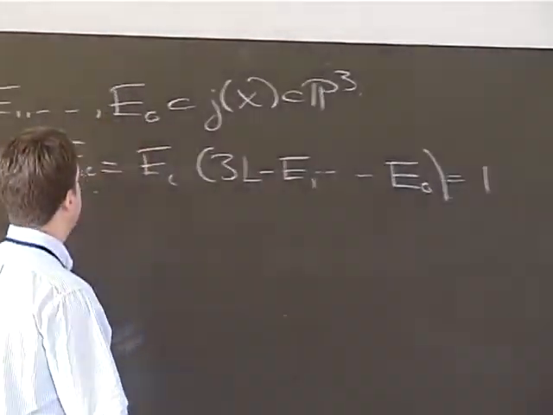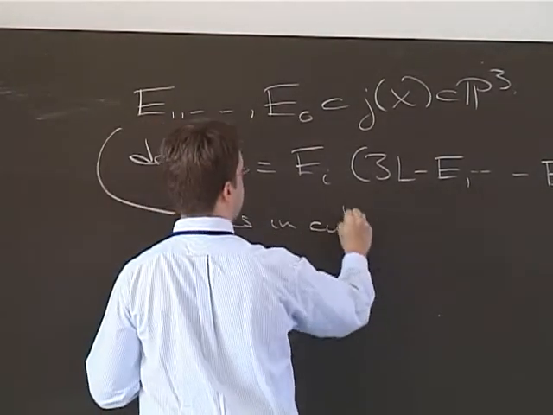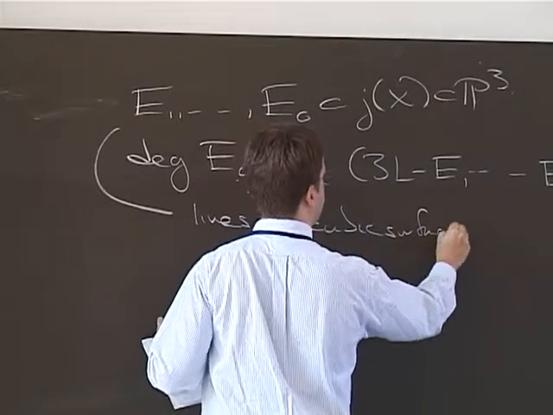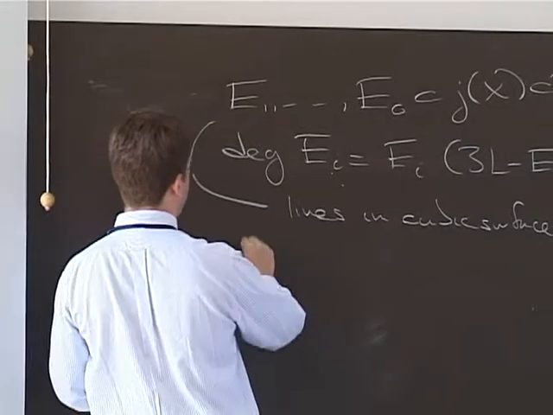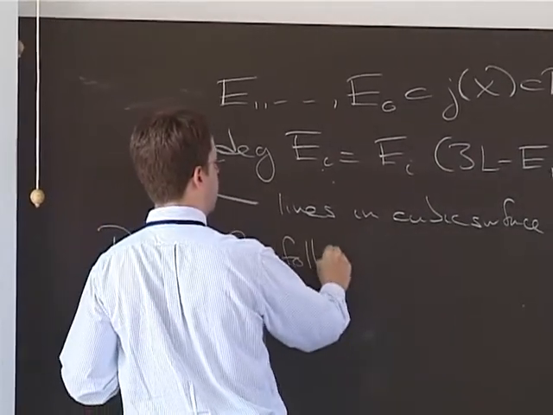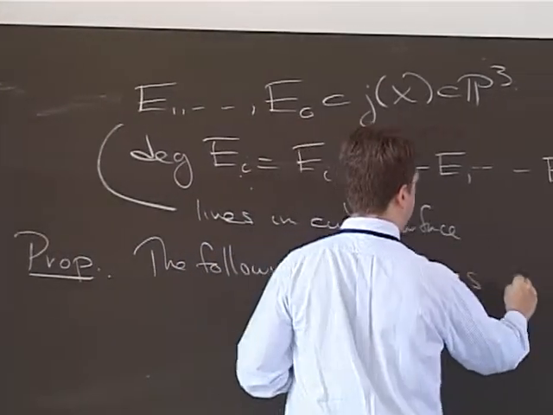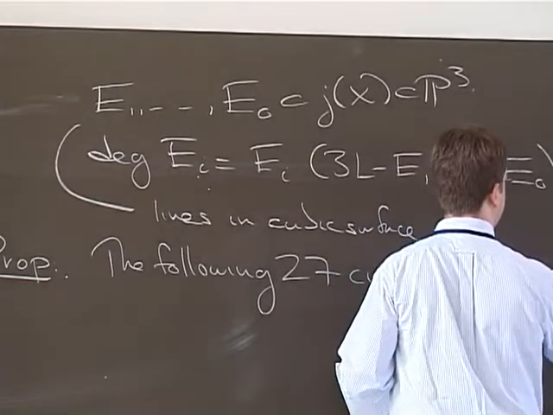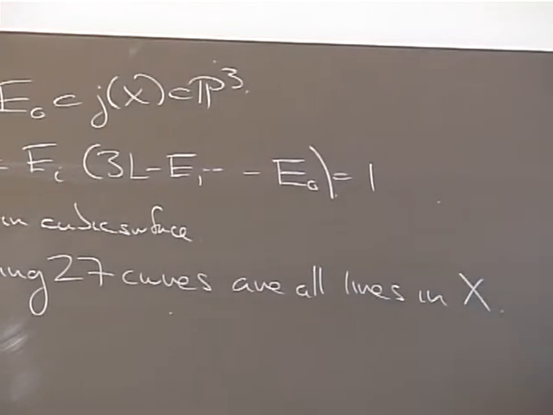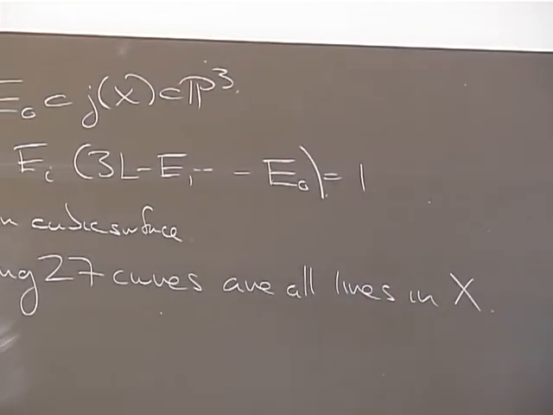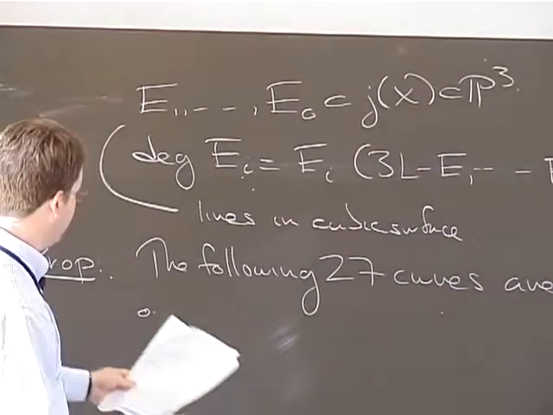So this is equal to 1. In other words, these are lines in the cubic surface. And so the proposition is that the following 27 curves are all lines in X. So you need to know all 27 lines on the cubic surface. I'll be remiss if I don't mention them. And so you make sure I get all 27, because I might miss some.